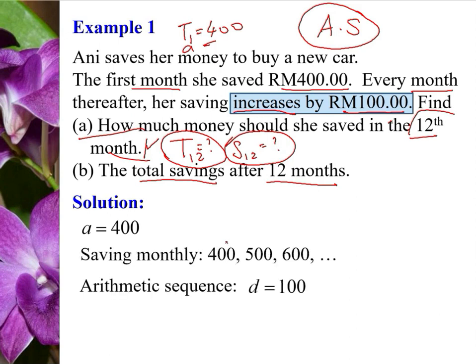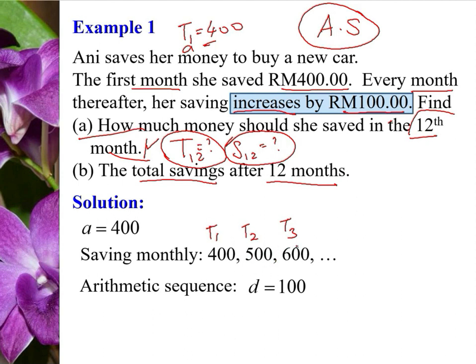When the question says that she saves 100 ringgit extra every month, that means in the first month she will save 400 ringgit, and then the second month she will save an extra 100 ringgit than the first month, which is 500 ringgit, and the third month she will save another extra 100 ringgit, which is 600 ringgit.